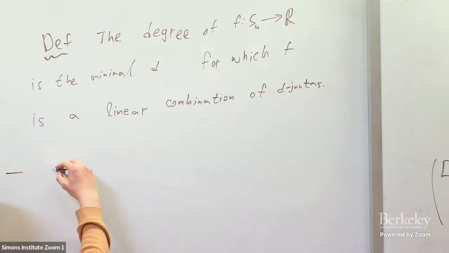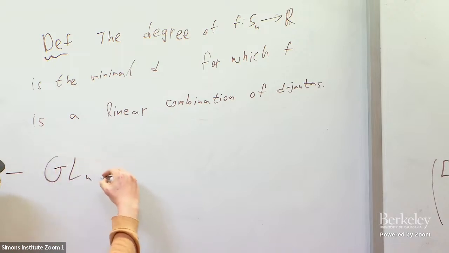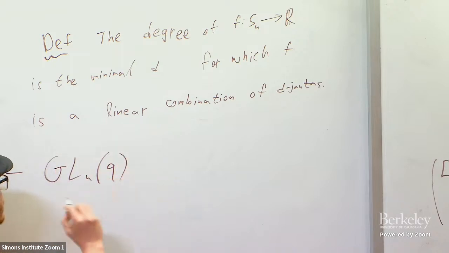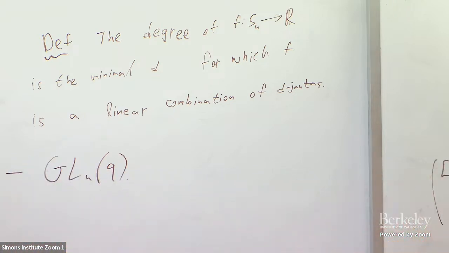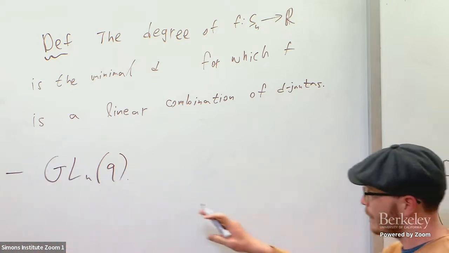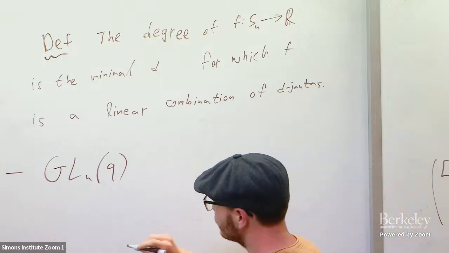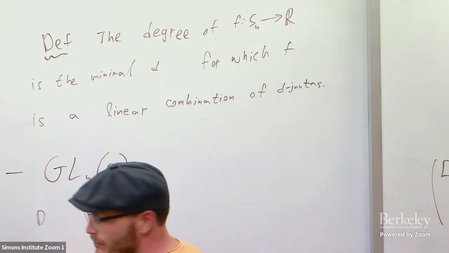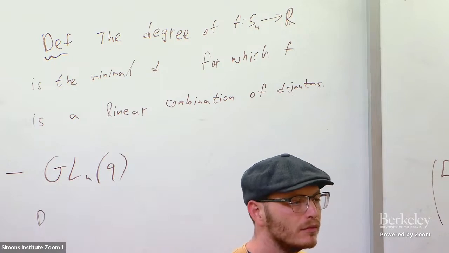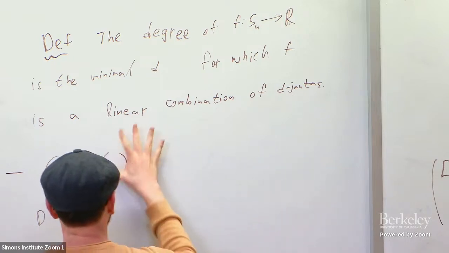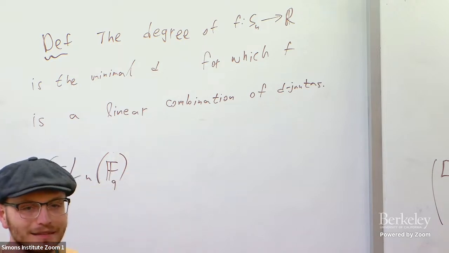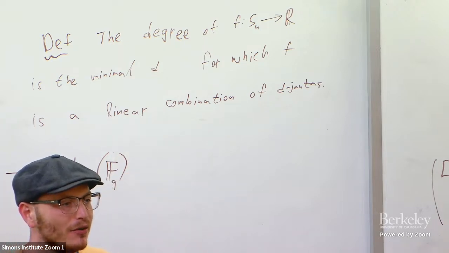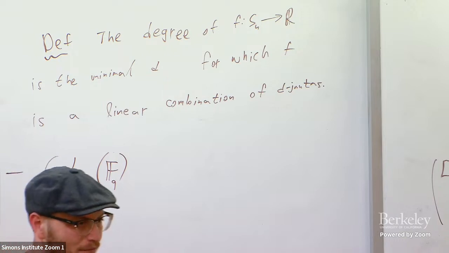Let's talk about GL_n(F_q). So there we have the dictators. Now, you want to remind us what GL_n is? GL_n of F_q is the invertible matrices over a finite field.